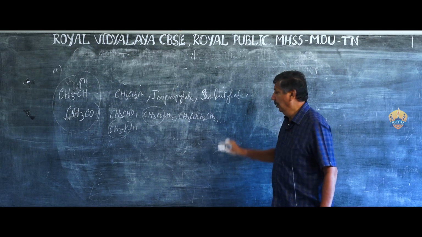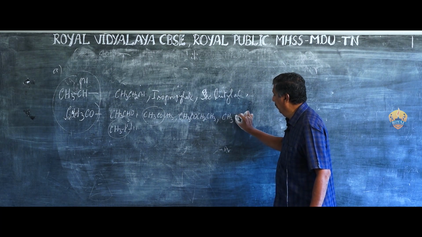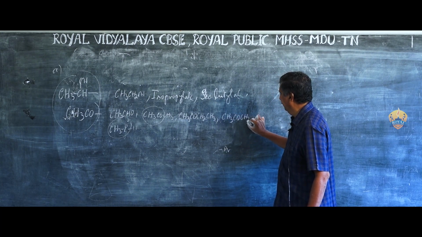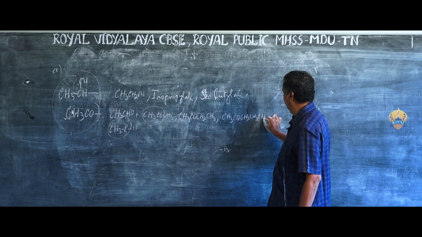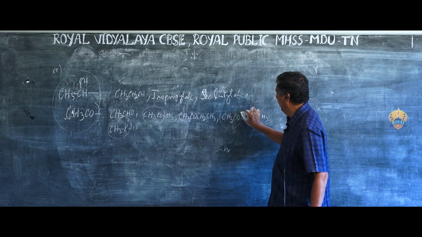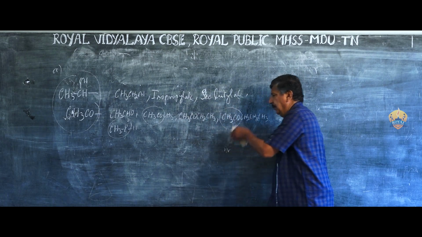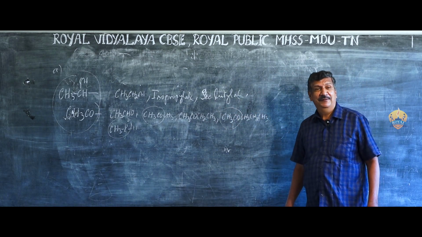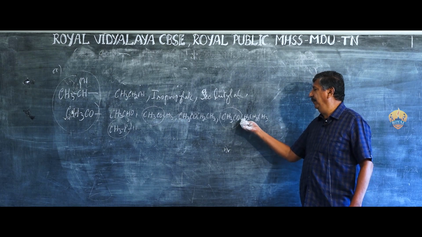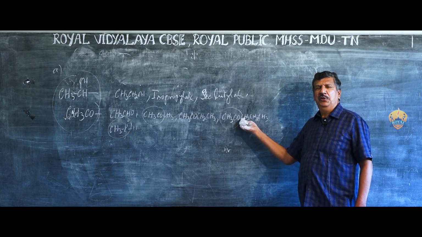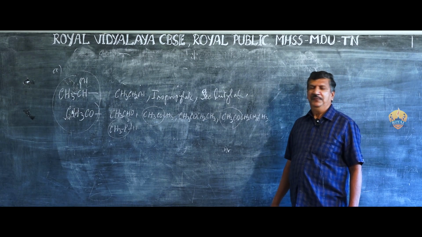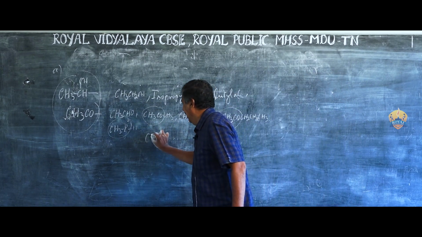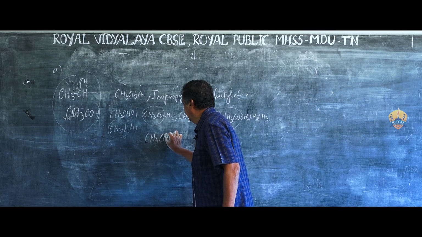Then 2-pentanone, not 3-pentanone. 3 means it will come here, it will not answer. 2 means here, 2-pentanone. Next one, acetophenone.